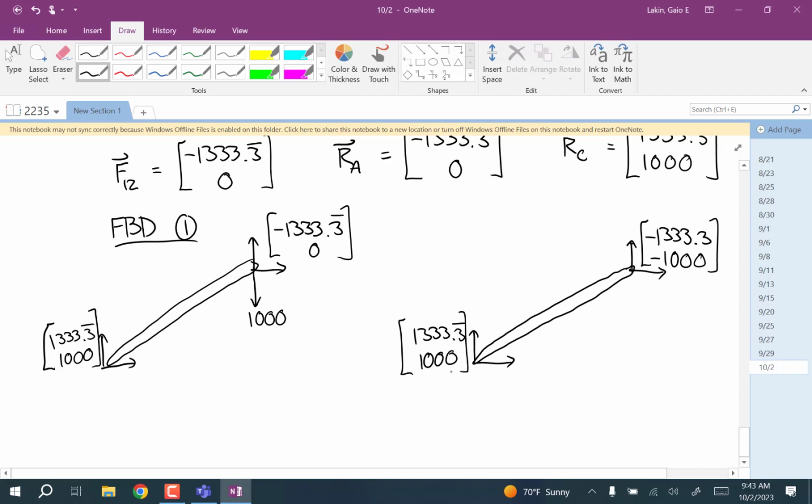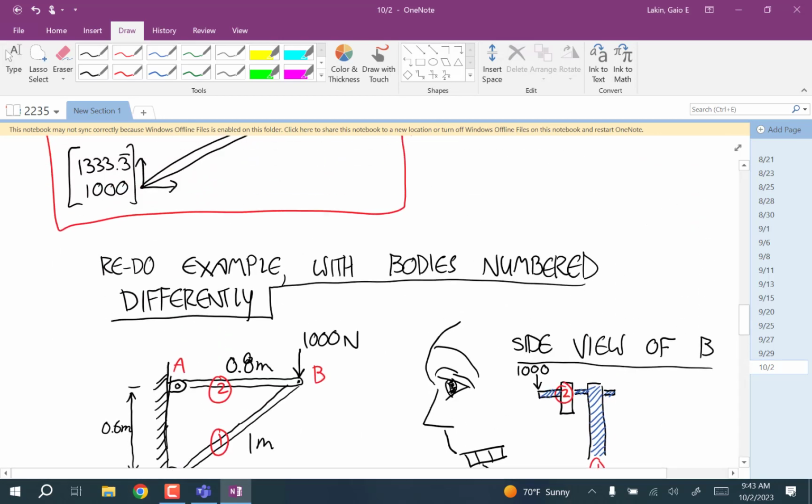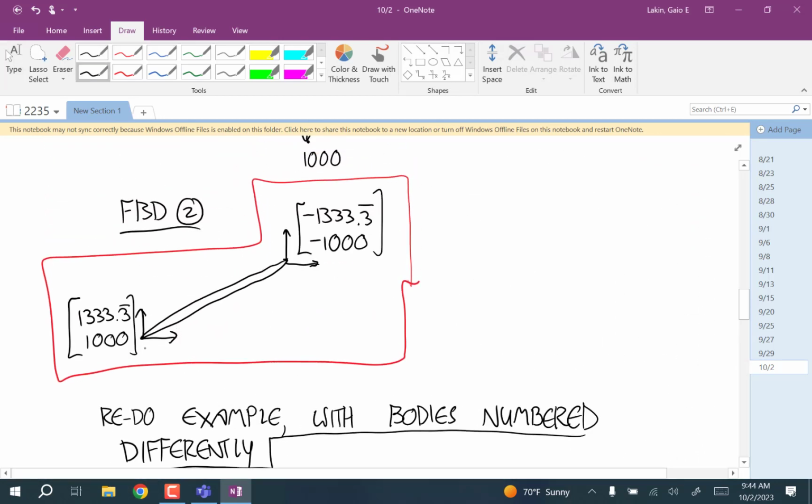So both of these two force vectors are along the long axis of that member. They're towards each other. So this beam is in compression. And you can see that it tells the exact same story as this. Okay?